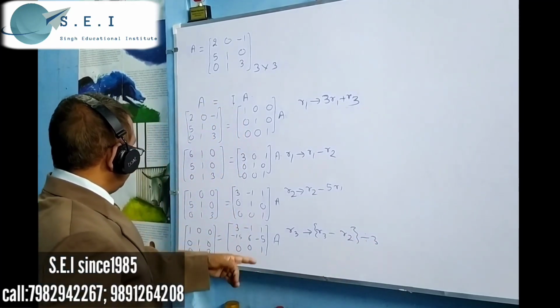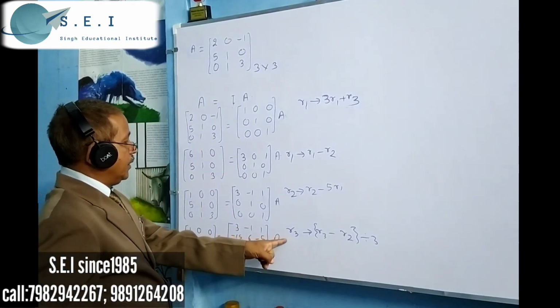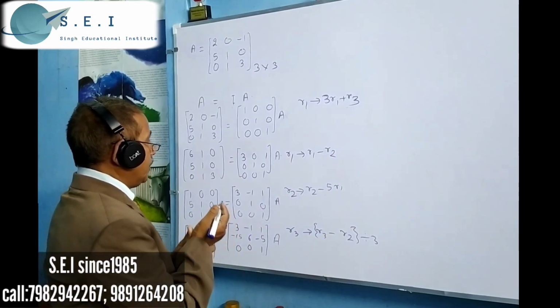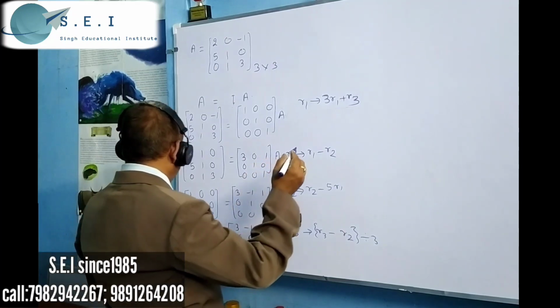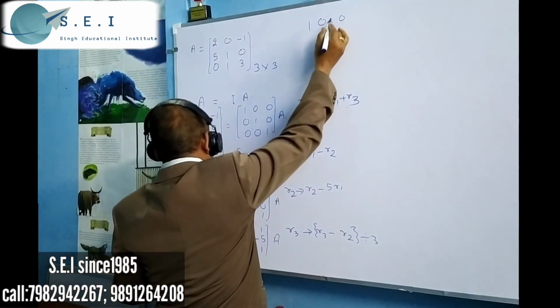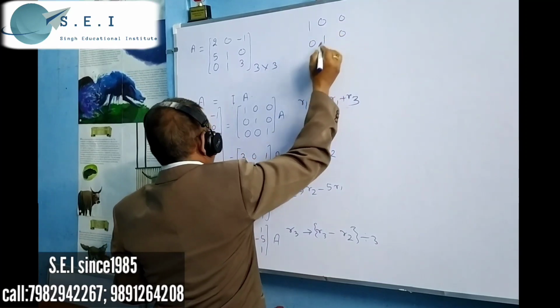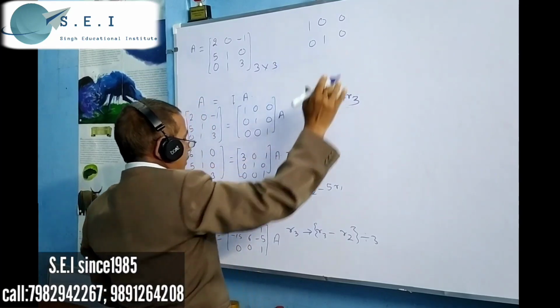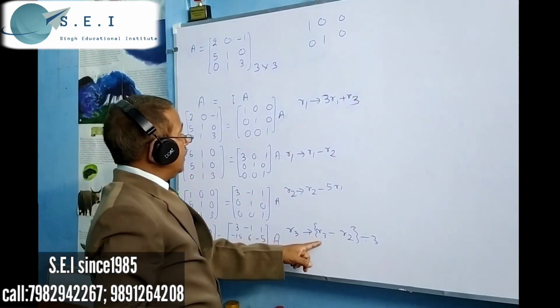So write all the terms except R3, which is R3 minus R2 divided by 3. Therefore, A, 1 0 0, 0, 1, 0, 0, 1. The third term is subtracted.